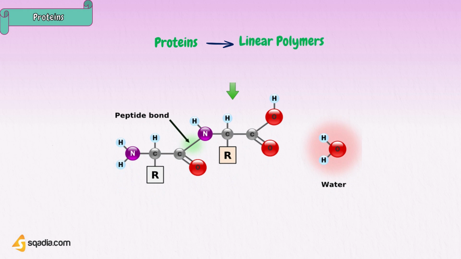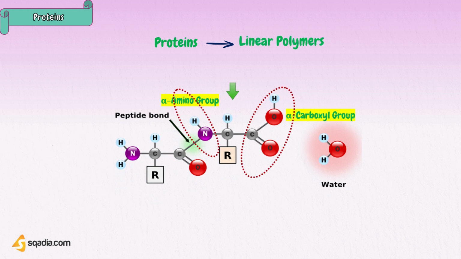Peptide bond formation is an example of a dehydration reaction, so a water molecule is lost, and these two amino acids come together to form a peptide bond, which results in an amide. An amide is a functional group with a nitrogen atom next to a carbonyl, and this is the functional group that will connect each amino acid during polymerization.